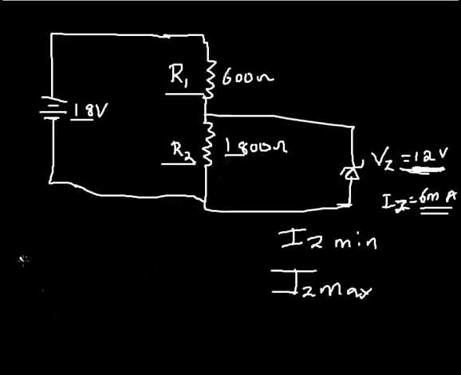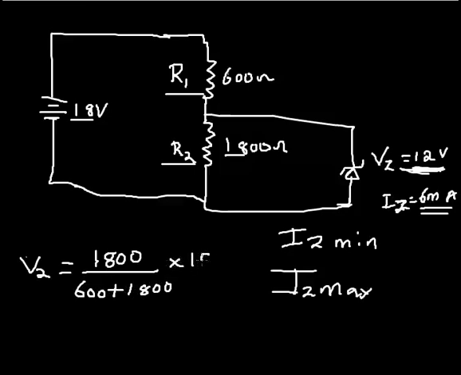Voltage across R2, let me call it V2, is going to be equal to the resistance of R2, which is 1800, divided by the total resistance, which is 600 plus 1800, then multiplied by the supply voltage, which is 18 volts.